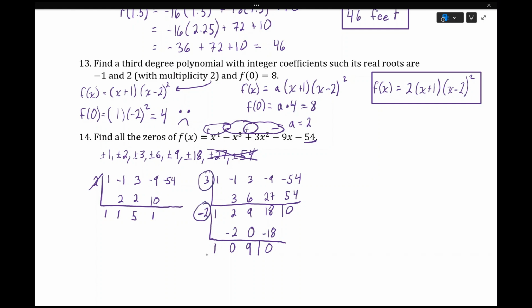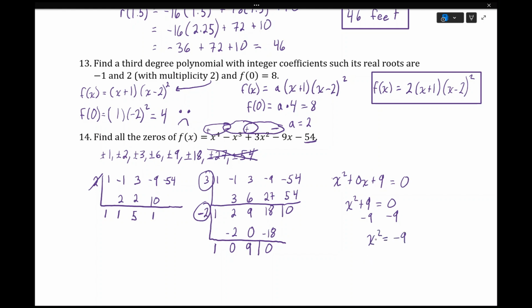And now that we have reduced this down to a quadratic, since there's only 3 terms, it's x squared plus 0x plus 9. I just need to solve where this quadratic's equal to 0. So I can think of this as x squared plus 9 equals 0. I can subtract the 9 to the other side, so I get x squared equals -9.